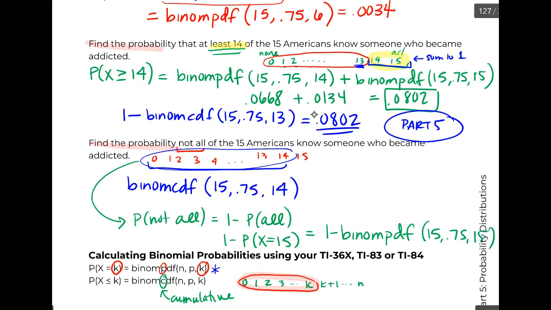So there's just two different ways to get these problems. You can always solve these problems with binom PDF or with binom CDF. It's really whatever you're more comfortable with. I usually tell students to do PDF if they're uncomfortable, because it lets them have more control over what they're doing. Although with PDF, for this one, you'd want to add up all of those, which is crazy. So it does make you think about which side is easier to do.